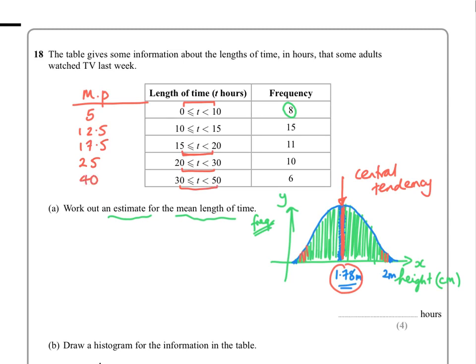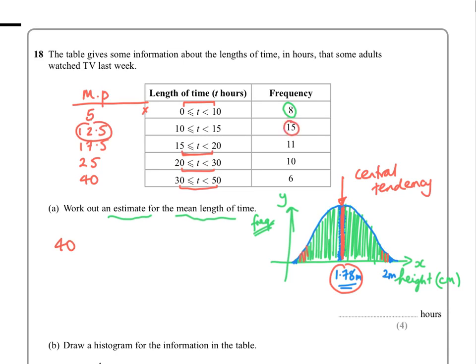And then what you do is, on your calculator, you would do 5 lots of 8, which is 40. And then you'd have 12.5 lots of 15, which I'm going to do on my calculator.